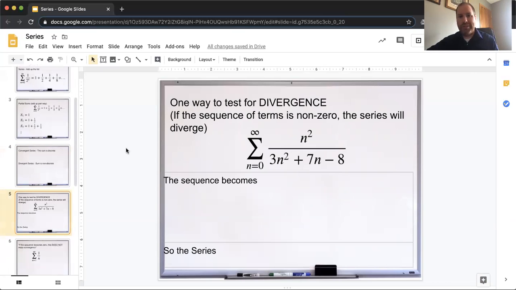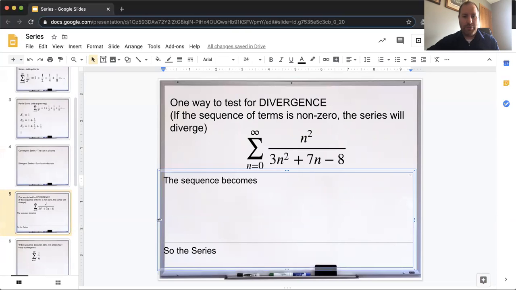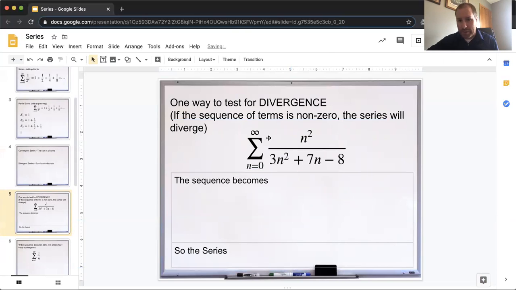One way here to test a series for divergence is to check just the sequence, right? To ignore the summation part and look at just the individual pieces of the sequence in there. So in here, to test whether this converges or diverges, it's sometimes easier to test for divergence.